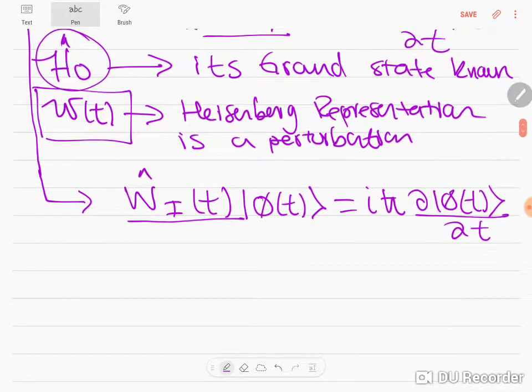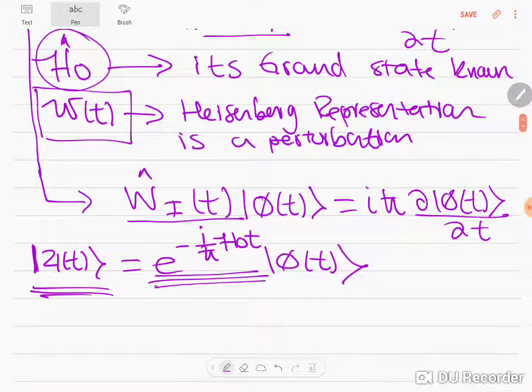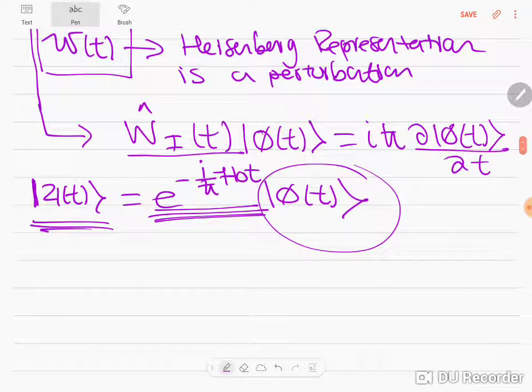That happened because in the first Schrödinger equation we assume the following ansatz: e to the minus i over h bar H0 t times phi of t. That means that this quantum state evolves according to the free Hamiltonian, the Hamiltonian for which I know its ground state, and then everything is written in terms of this new quantum state phi of t.